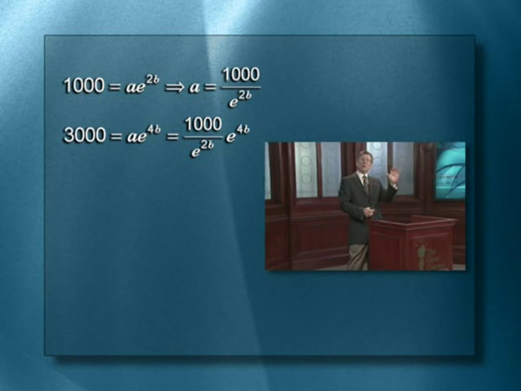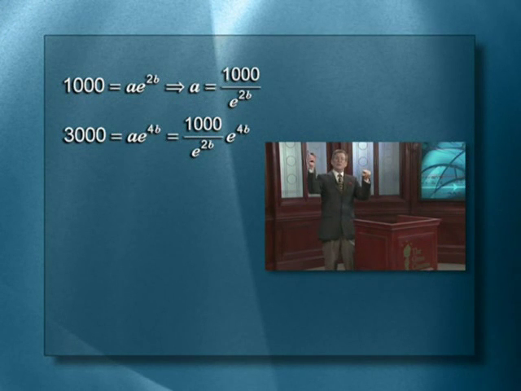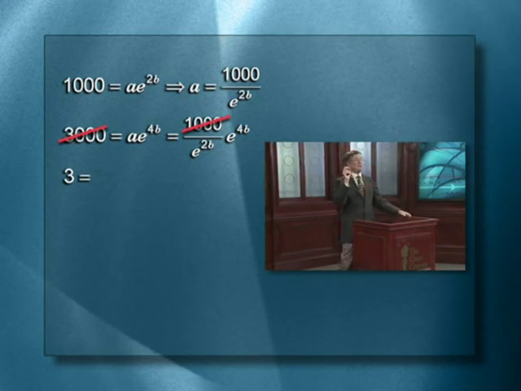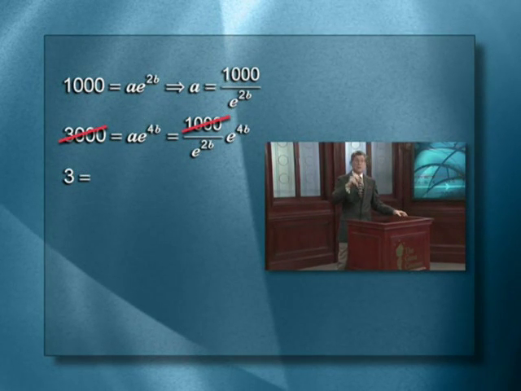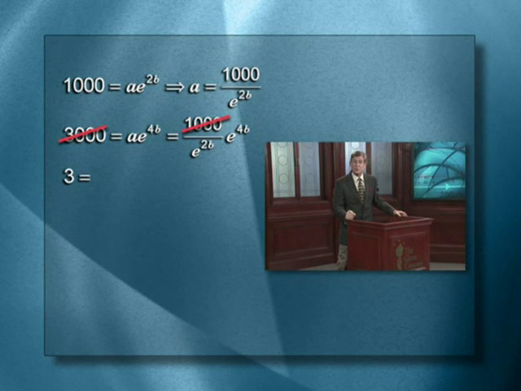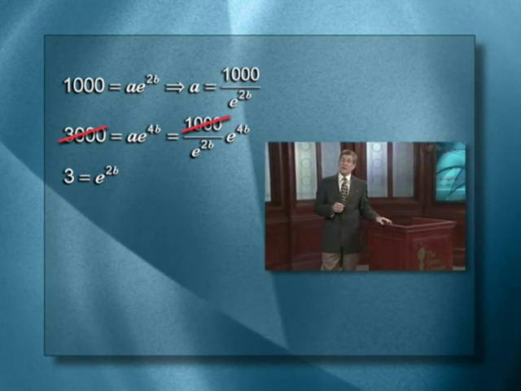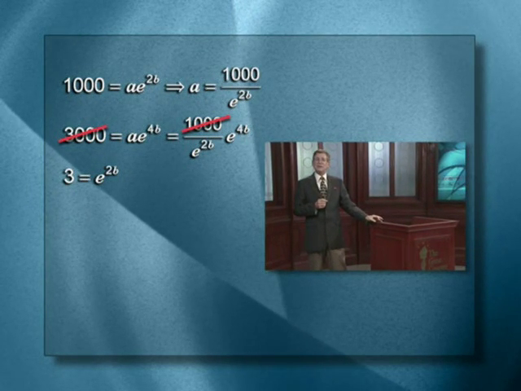So now I have an equation with just the unknown b. Good, let's simplify it. The 3,000 and the 1,000s cancel to make a 3. And remember that exponent rule, e to the 4b divided by e to the 2b, you subtract the exponents, don't you? So we're left with e to the 2b on the right-hand side. Okay, 3 equals e to the 2b.